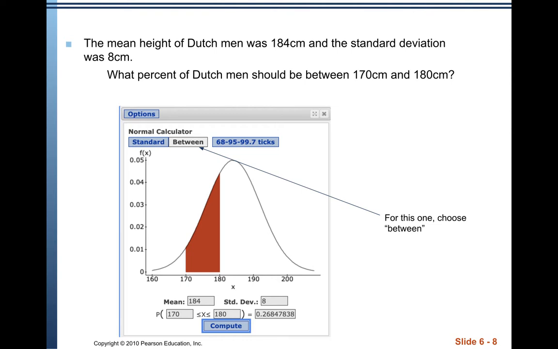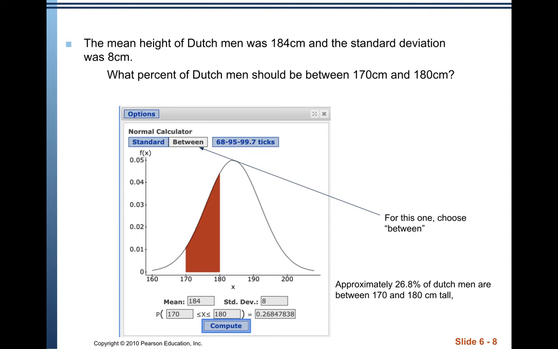The only difference this time is that because we are finding the percentage within a range, I have to choose the between tab. And we get an answer of a little more than 26%. So approximately 26.8% of Dutchmen are between 170 and 180 centimeters tall.